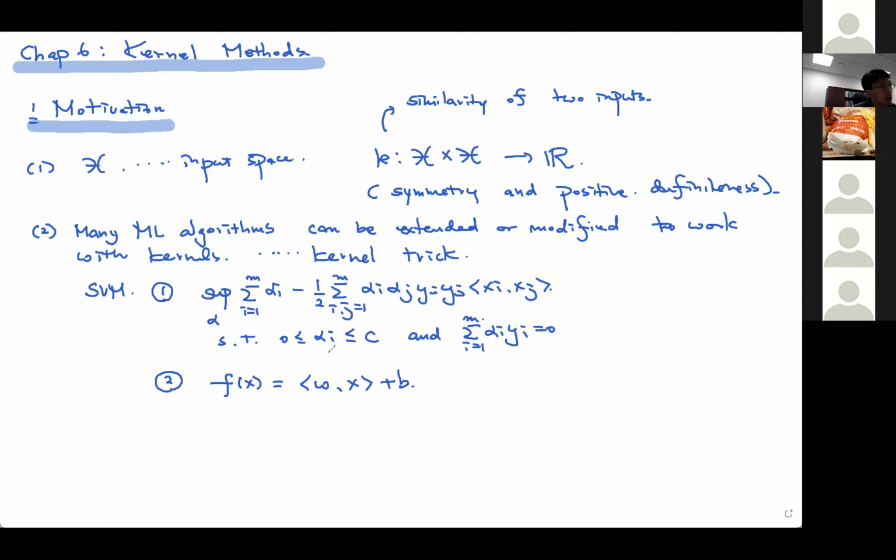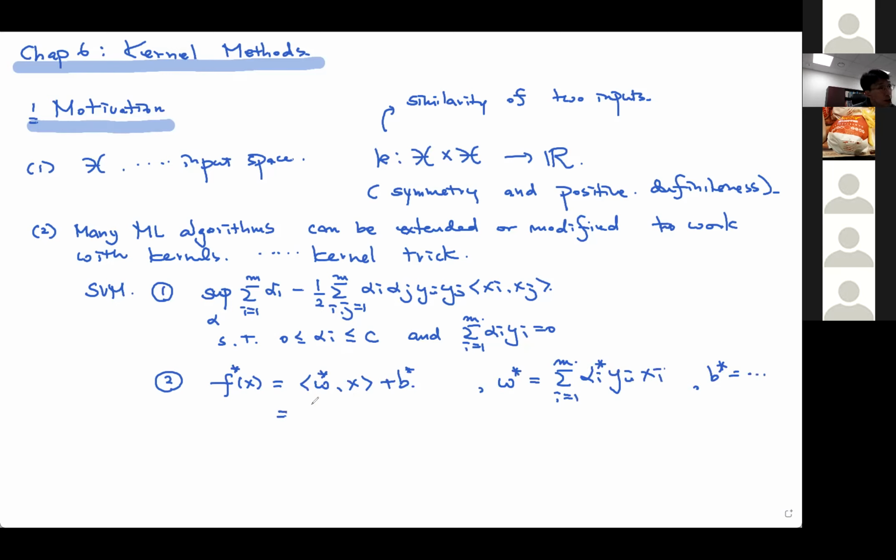If we have a solution of the one above, the optimal value w star will be computed from the optimal values of alpha_i, as the sum of alpha_i star y_i x_i, and b star will be computed in a certain way, using some alpha_i which is different from 0 and different from C. That's what we learned before.